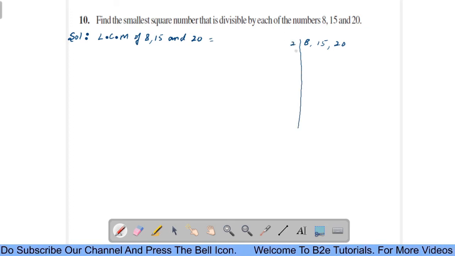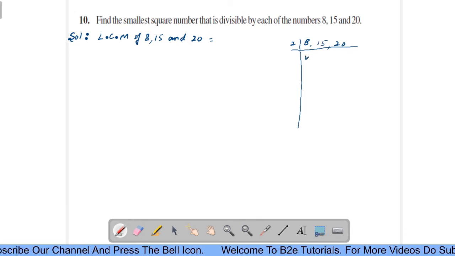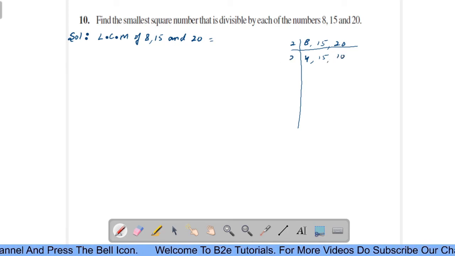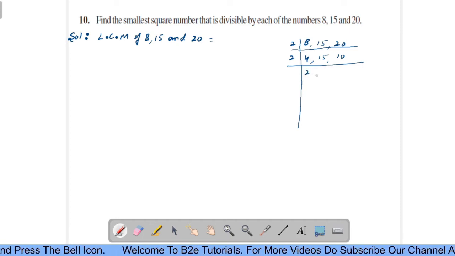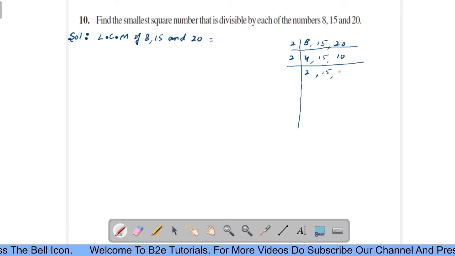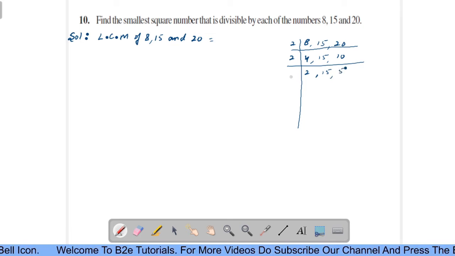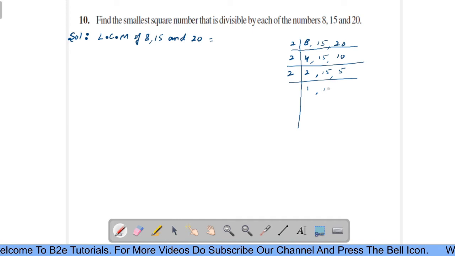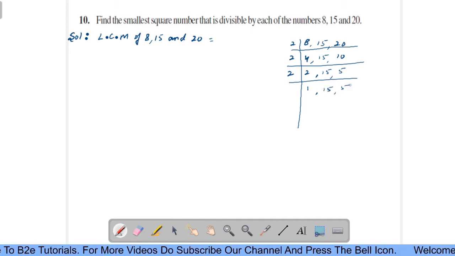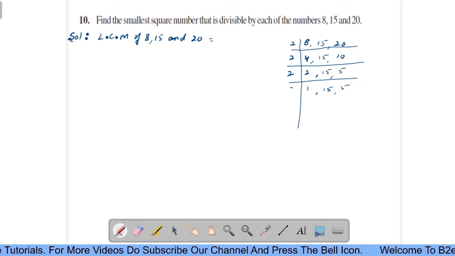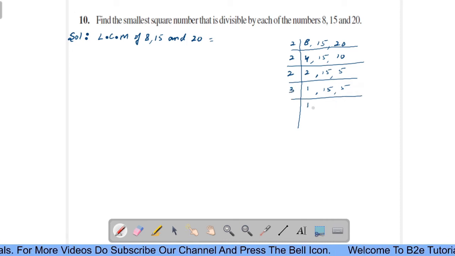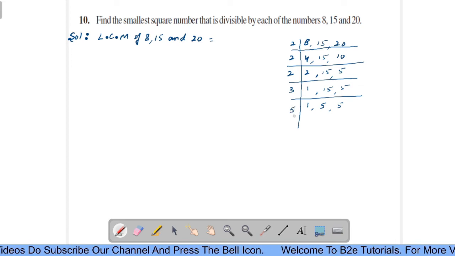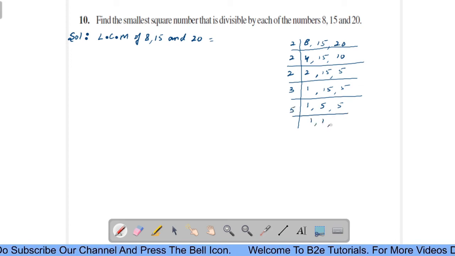Divided by 2. 2 fours are 8, 15 is not divisible, and 2 tens are 20, again divided by 2, it is 2, 15 and 5, again by 2, it is 1, 15 is not divisible, then 5, then by 3, 1 as it is, 3 fives are 15 and 5, again by 5, it is 1, 1 and 1.